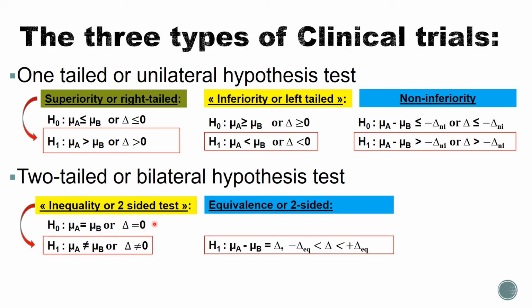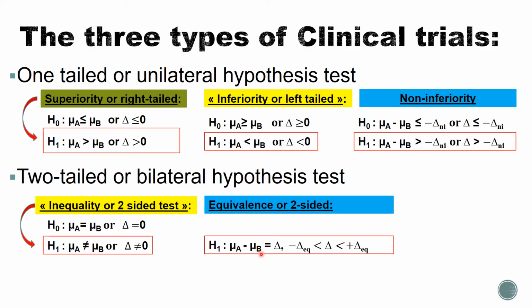Then the null hypothesis would be that the two treatments have equal efficacy. Now, another important hypothesis test that we have, which is actually we usually have this in a clinical trial, is what? The equivalence or the two-sided hypothesis test, where we would say treatment A, or in other words, the new treatment should not be what?